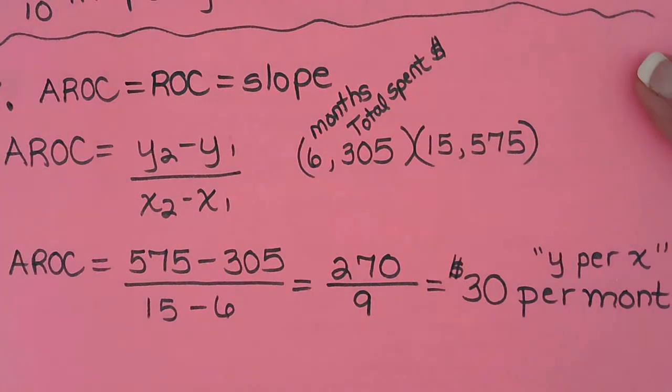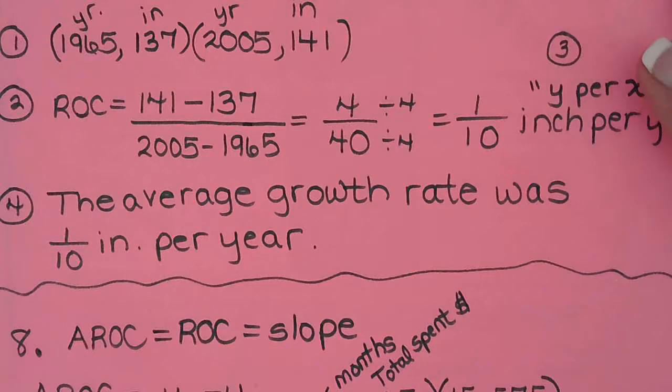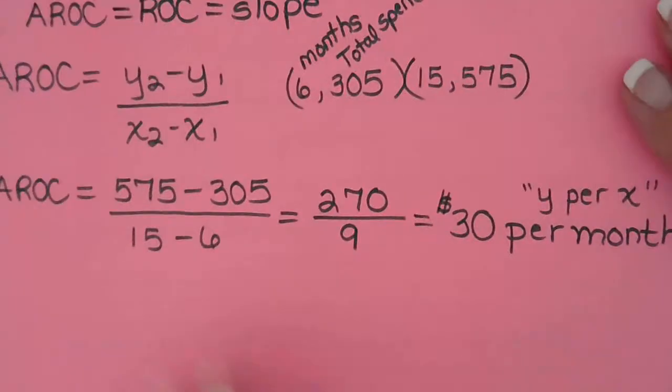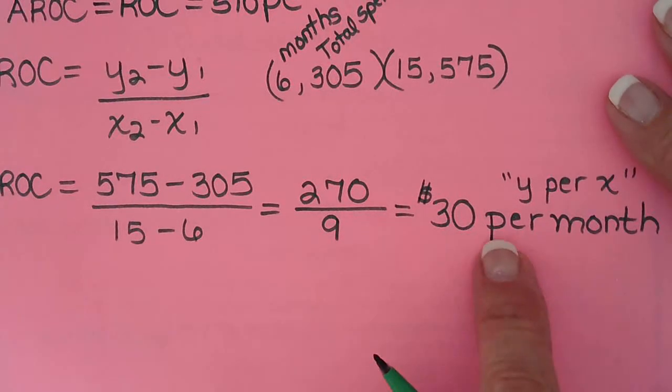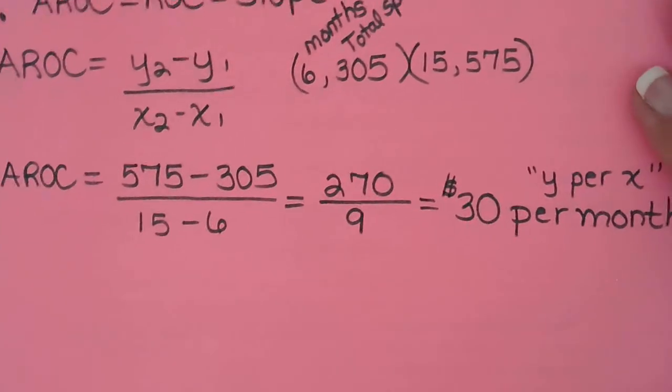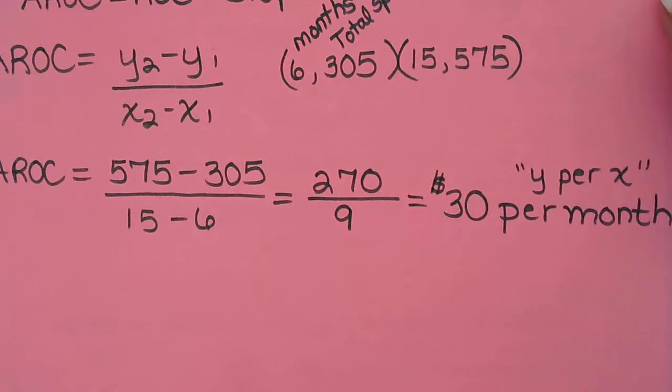So what have we just found? Who's the person? 6 months after you joined a gym. Okay, so this is our gym membership every month. So by finding the slope, you're finding out what you're paying every month, how far you're driving every hour, how much the tree's growing every year.